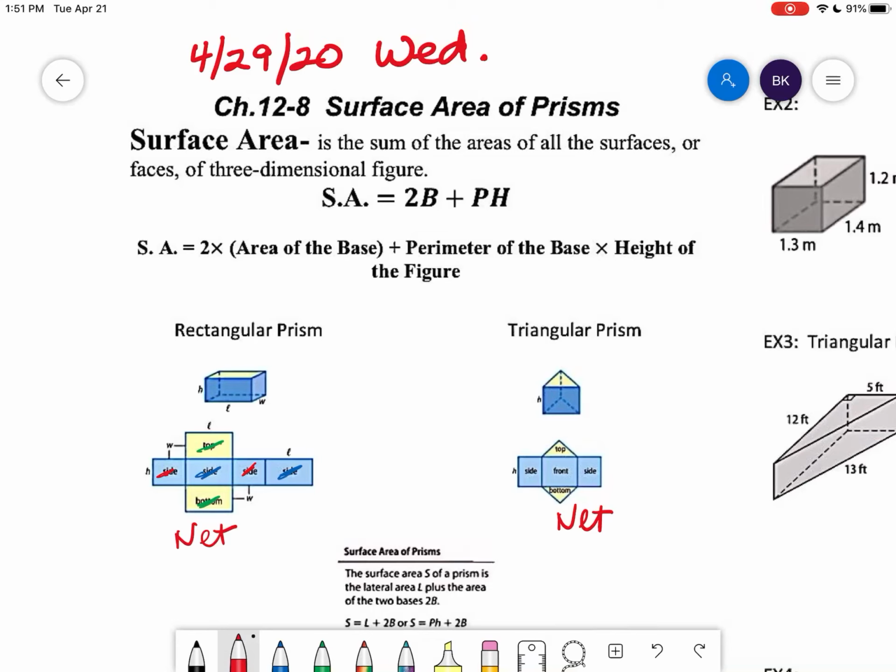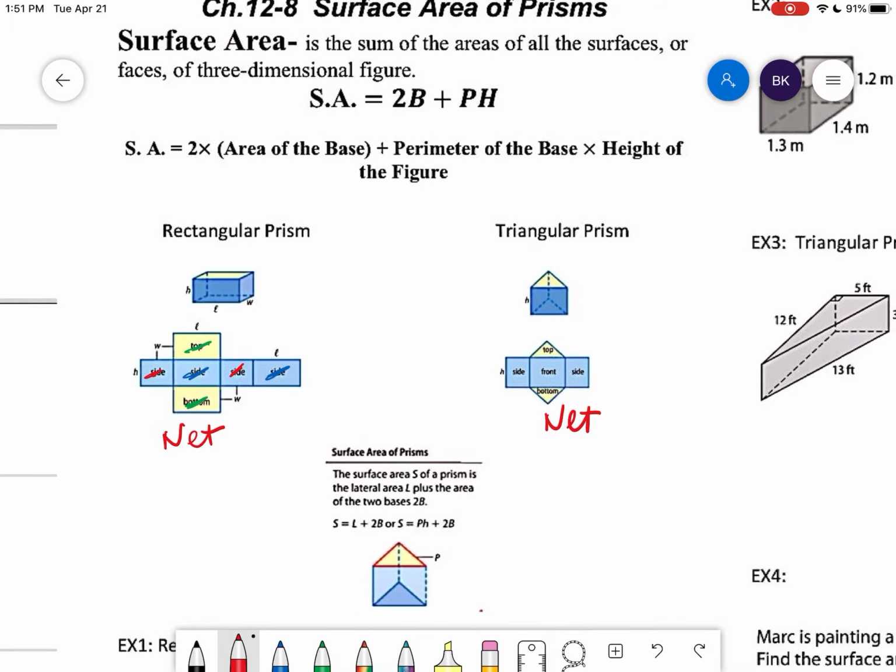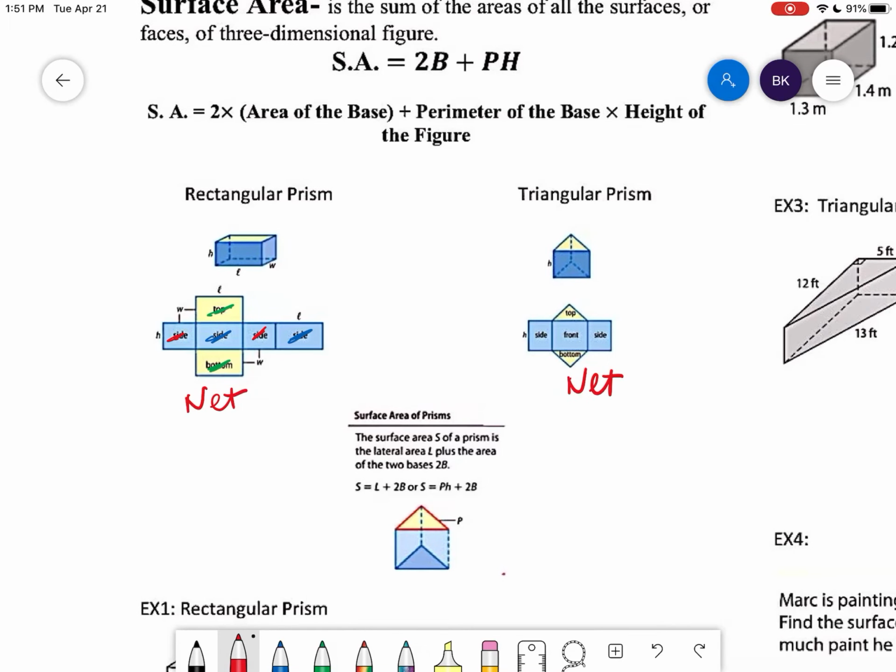In this grade, we're not going to do this. We're going to use formulas to help us out. Before we get to the formula, I'm going to talk to you about the lateral area, and I'm going to scroll up a little bit so you get to see this. Again, surface area is found by combining the lateral area with the area of two bases.